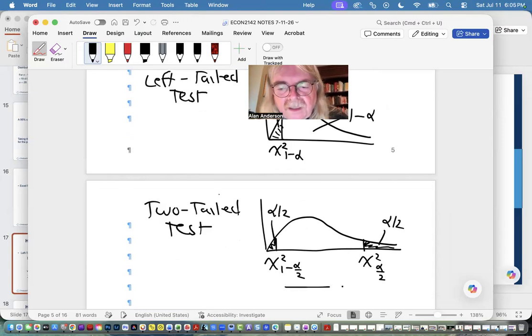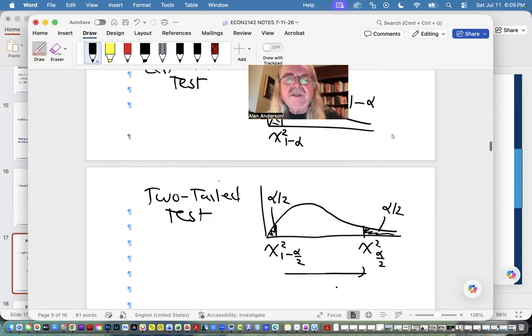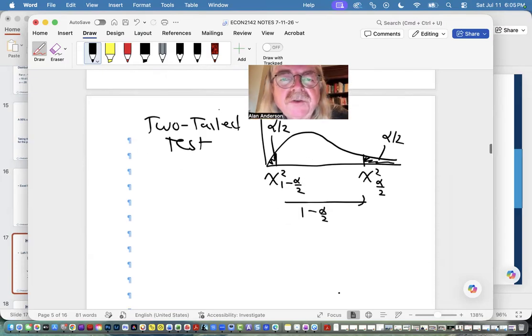And the area to the right of this one is 1 minus alpha over 2. It's all right tails with a chi-square distribution. And then you compare them the way you normally do, and you draw your conclusion.